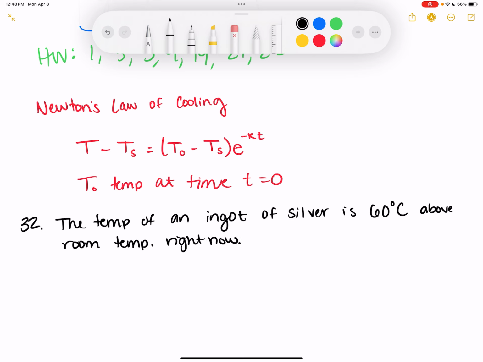And then it says 20 minutes ago, it was 70 degrees Celsius above room temperature.